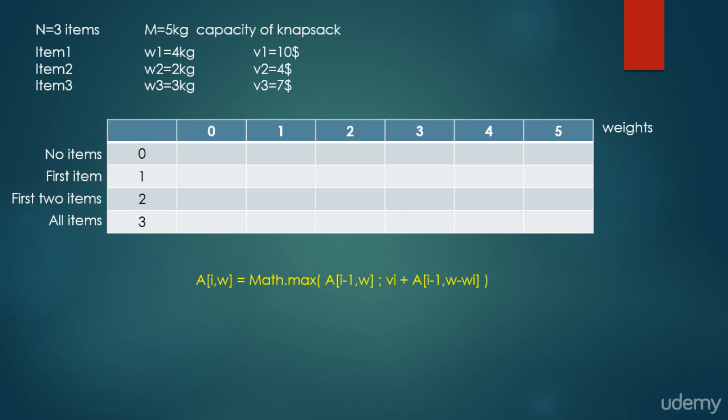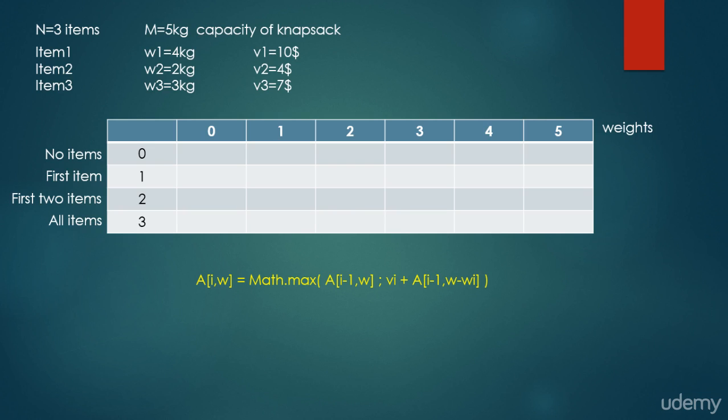So in the knapsack table, the columns represent the weights 0 to the maximum capacity of the knapsack, and it is an integer programming problem, so we cannot have 2.5 kilograms. As I said earlier, it is not the fractional knapsack problem.